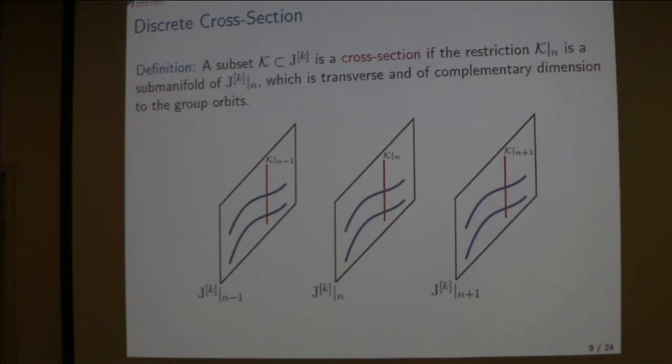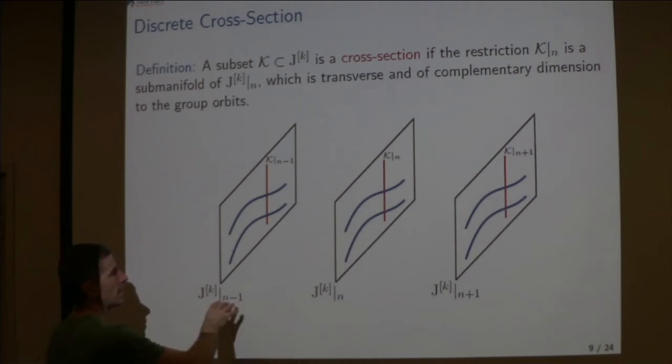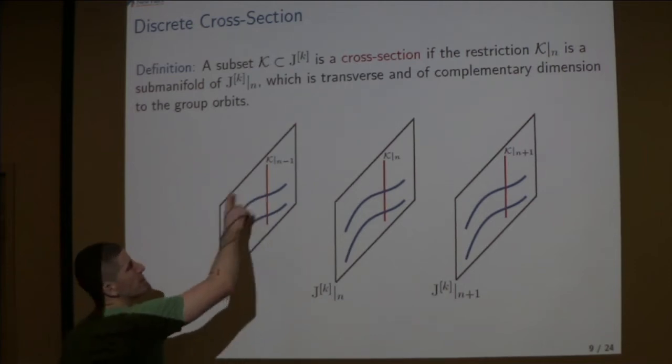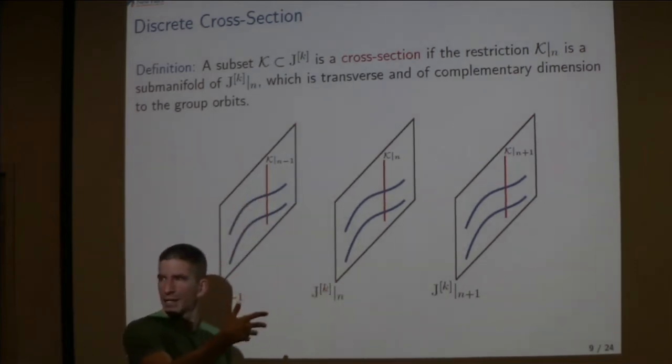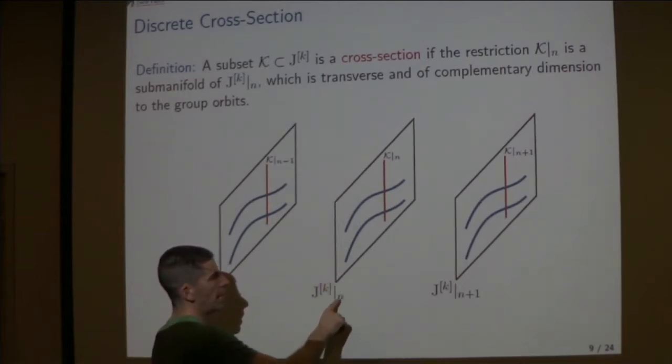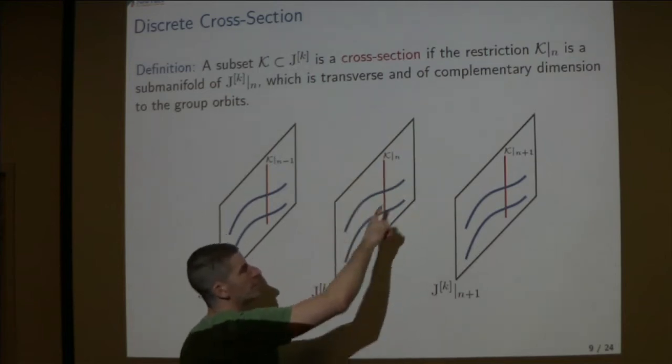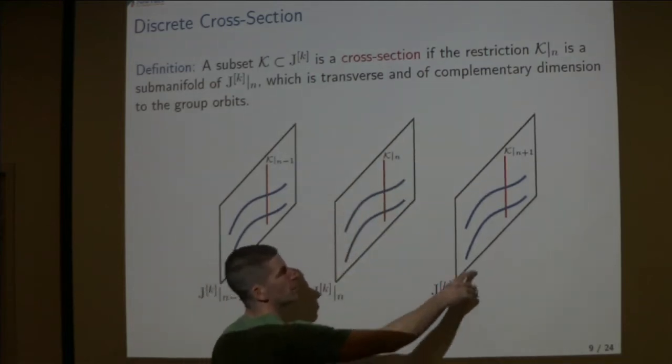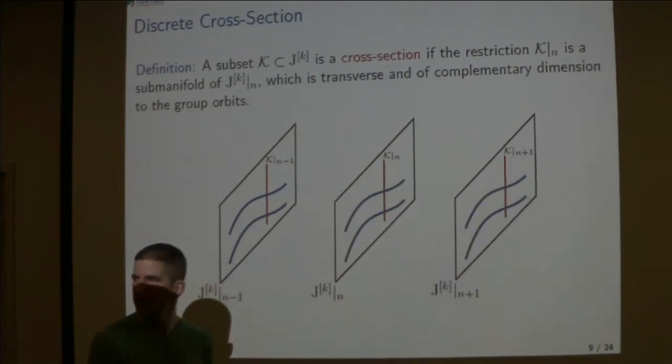Here we have our discrete jet space, and here are these pictures. It depends on n. If we fix n, we have a subspace here, and if we move n to n plus 1, we have a different subspace there.